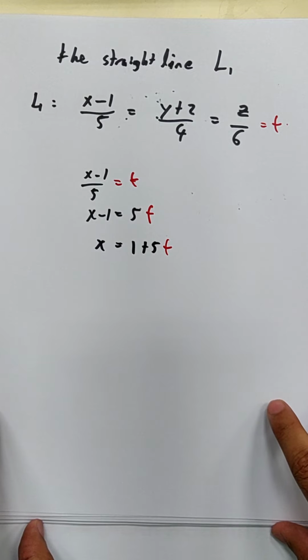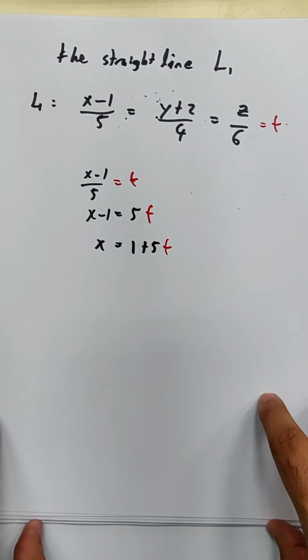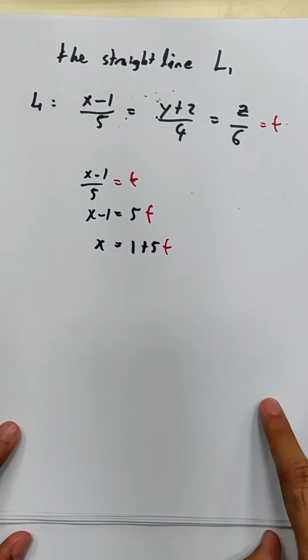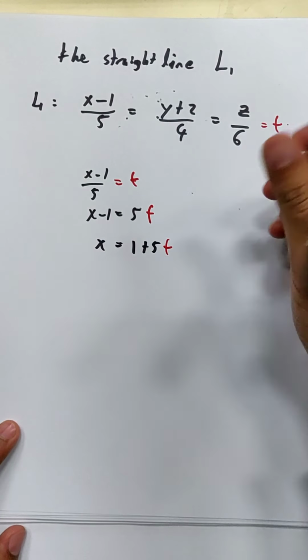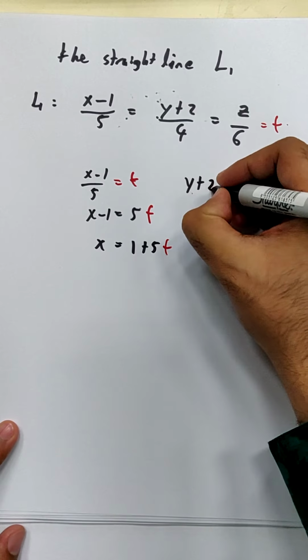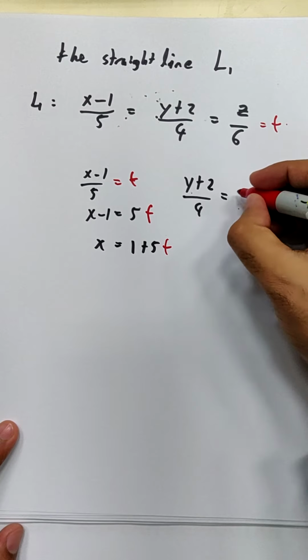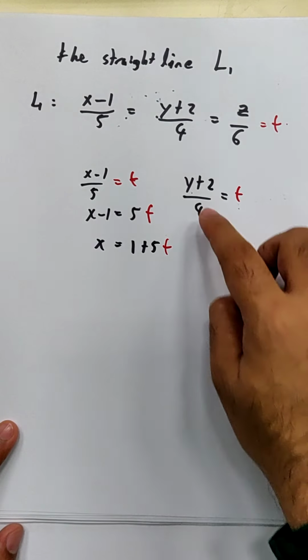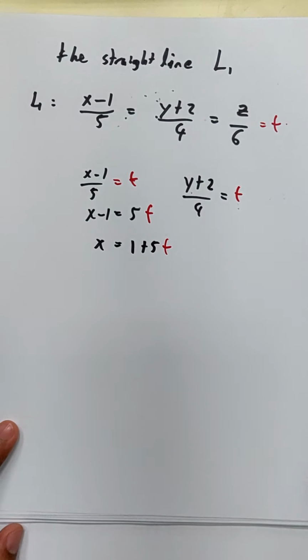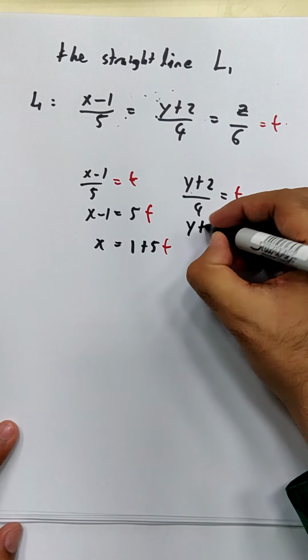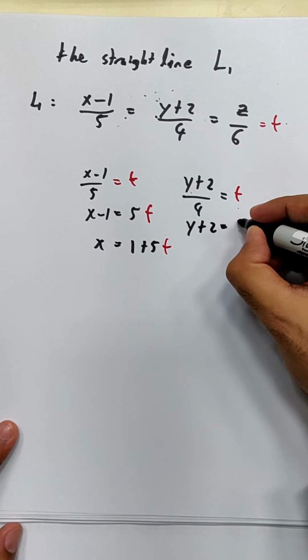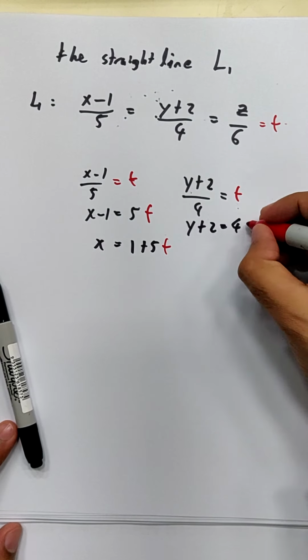Well, for me this thing is very easy. So this one here, (y plus 2) over 4 equals t. And then what do I do? Times the 4. y plus 2 equals 4t.